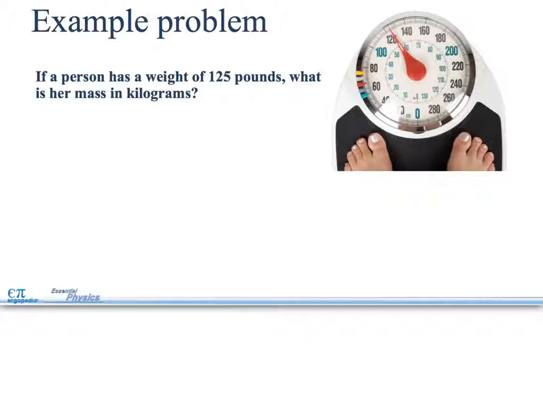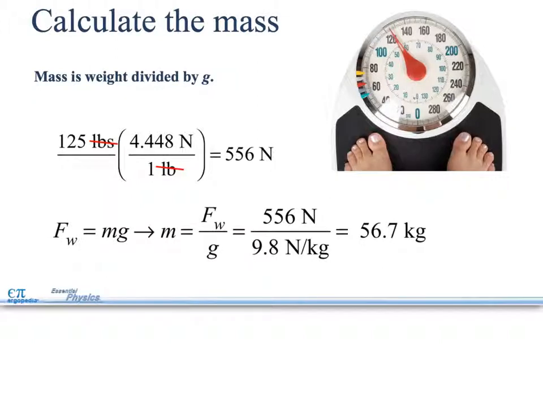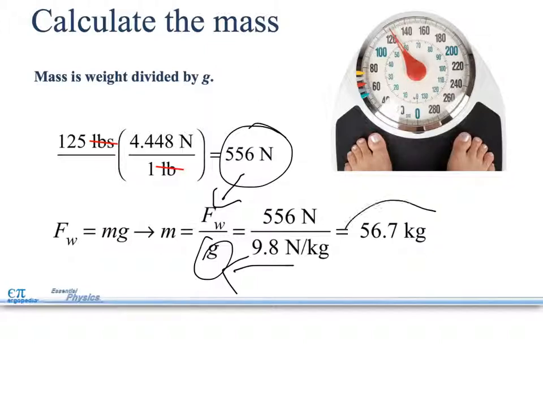If a person has a weight of 125 pounds, what is her mass in kilograms? Our conversion factor was 1 pound to 4.448 newtons, and then you could use force is equal to mass times gravity. Well, you had the force here, and you need gravity here to convert it into this.